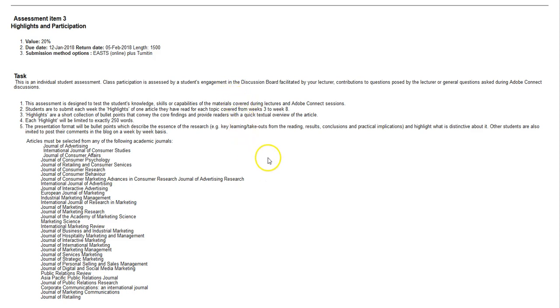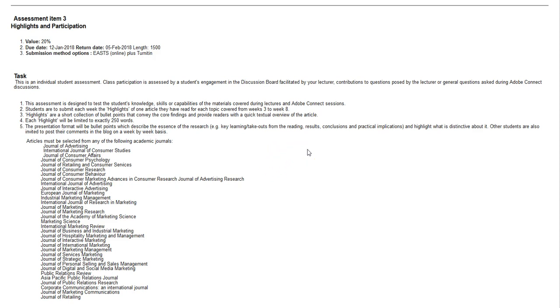When you've completed your summary, you post it on the discussion board. All of you will post on the discussion board, and I'd like to see some engagement between all of you about the articles which have been published.